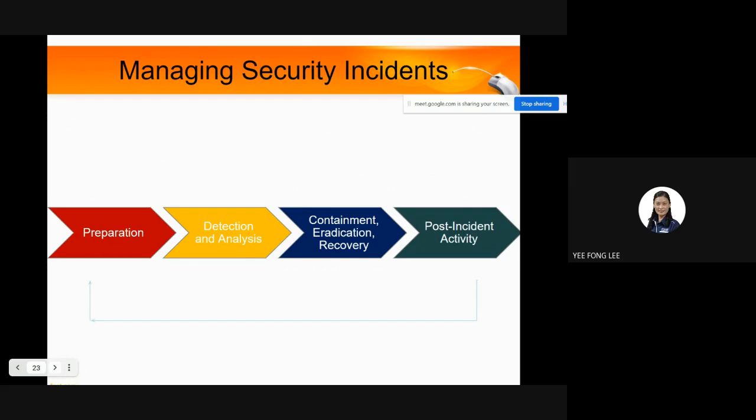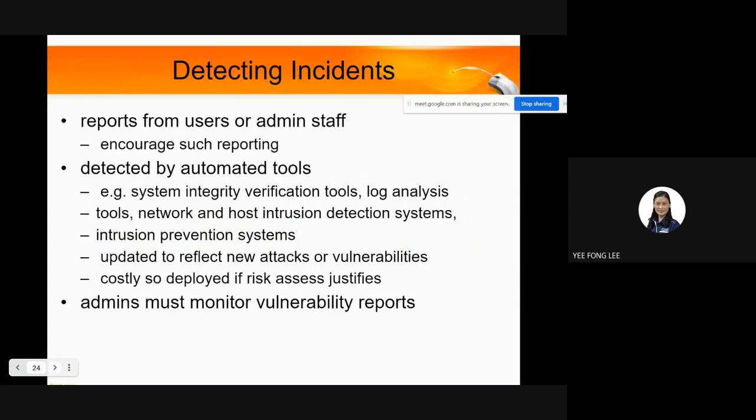However, on detecting incidents, a security incident may be detected by users or administration staff who report system malfunctions, and who should be encouraged to make such reports. A security incident might also be detected by using automated tools, which analyze information gathered from the system and connecting network.